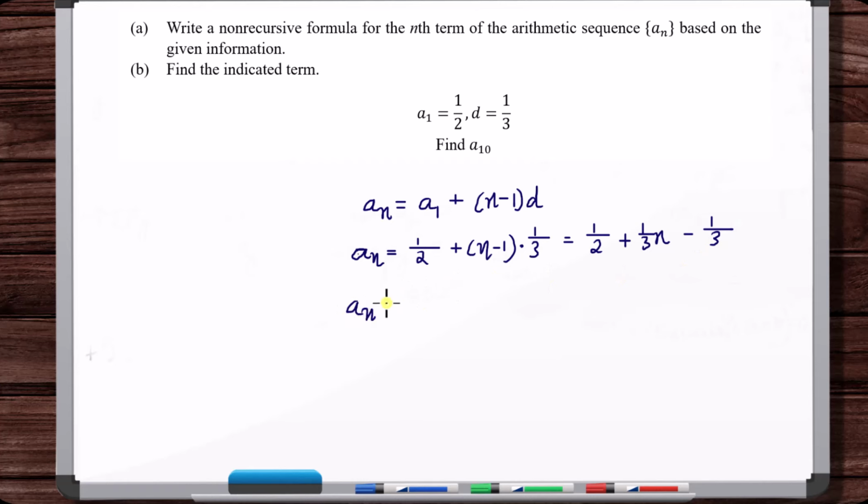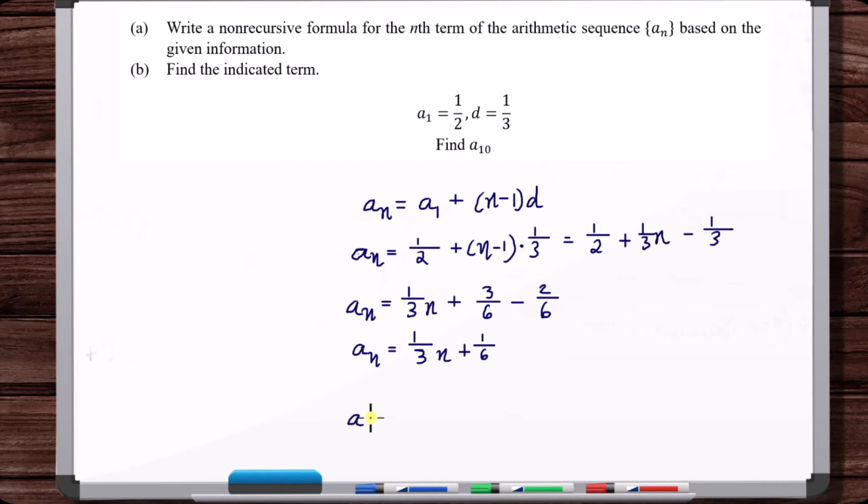Okay, so 1/2 minus 1/3 is going to be a negative number. So we have 1/3 n plus, this would be 1/2 would be 3/6 minus 2/6. Oh, this could be a positive number. 1/2 minus 1/3 is positive. So we get a sub n is equal to 1/3 n plus 1/6. Okay, so that's a sub n.